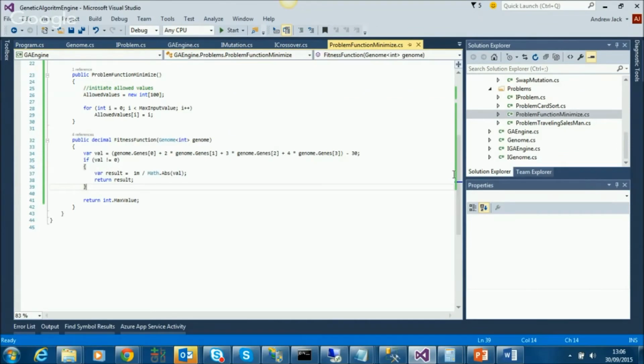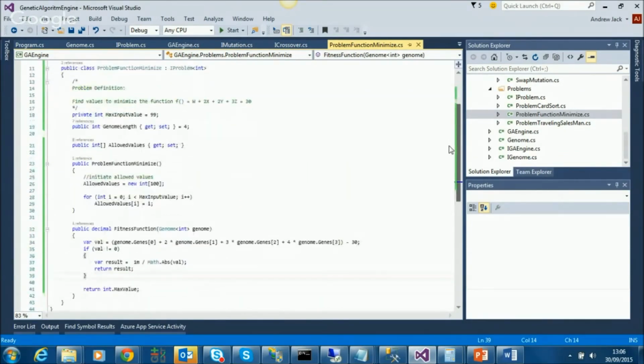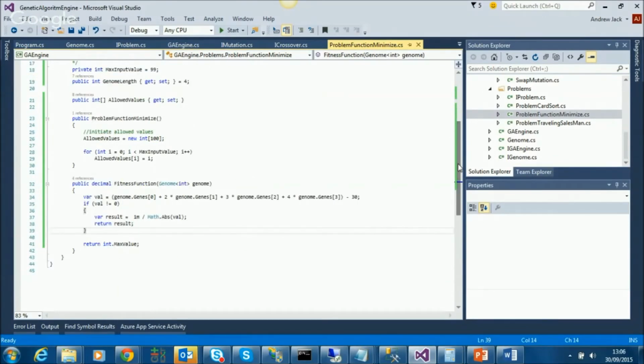So the initial problem we've got is we want to find values for W, X, Y, and Z that basically equal 30. So we're going to do the sum, and we're going to minus 30, and then we're going to take the absolute value and divide 1 by the absolute value. So in theory, obviously larger numbers are going to be bad.